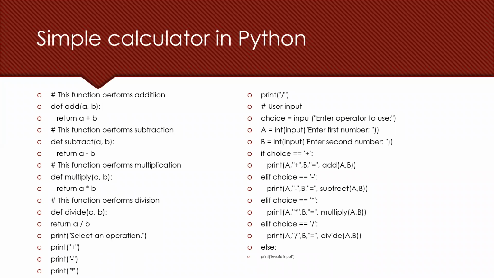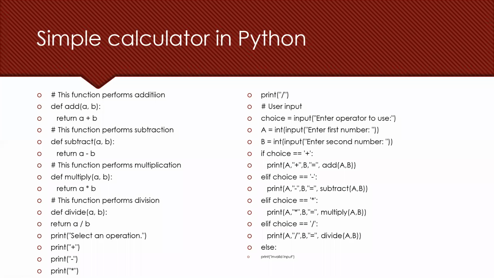First performing the addition, A plus B, then A minus B, then A multiplied by B, then you can see A divided by B. These are all the things they created. Then it will give the option to print plus sign, minus sign, multiplication sign, and division sign. You can select any one.